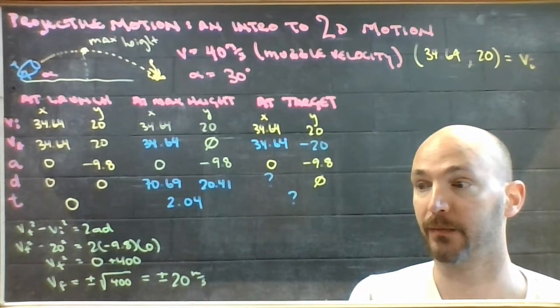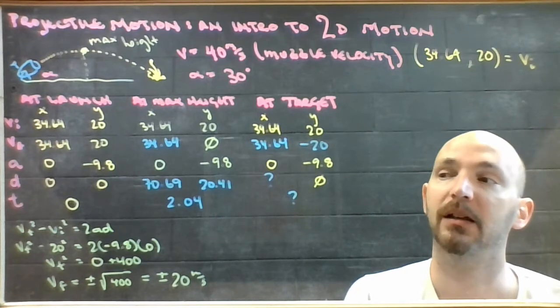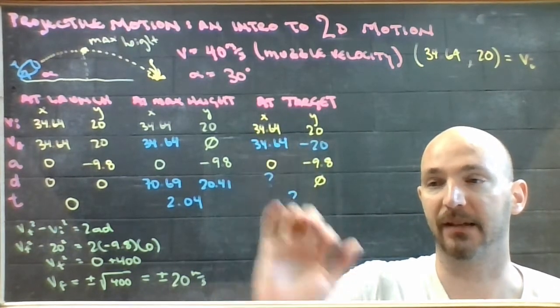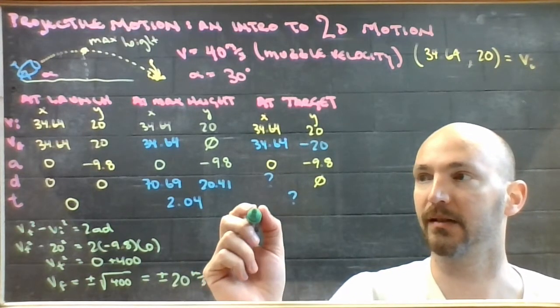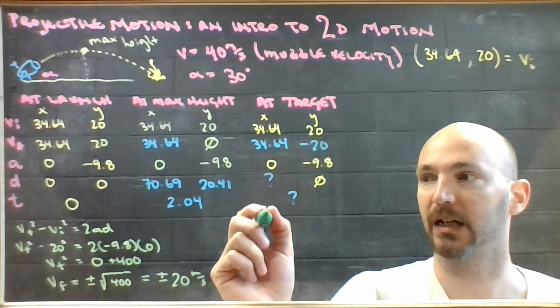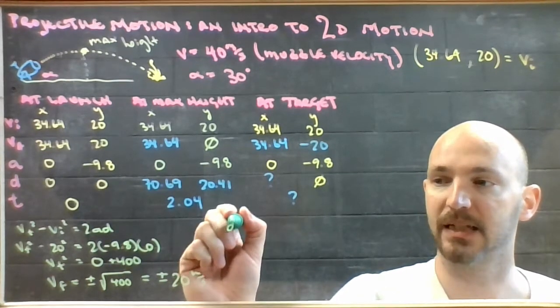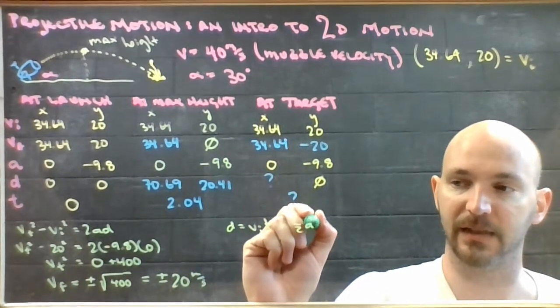All right, good. So I need to get my time now. The equation that connects VI, A, D, and T is, let's see, VI, A, and T. The distance is initial speed time plus 1/2 AT squared.